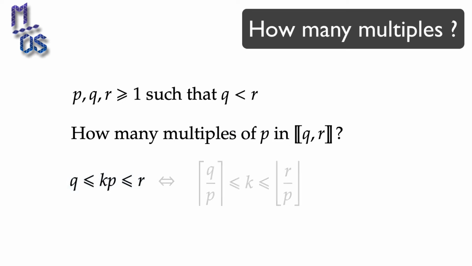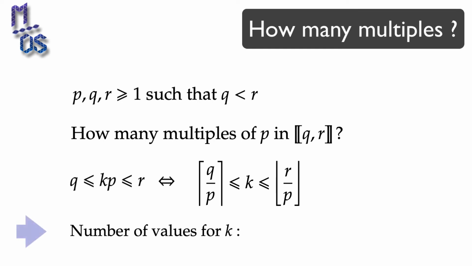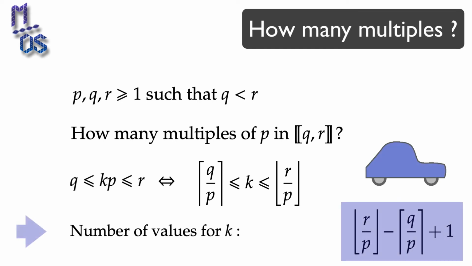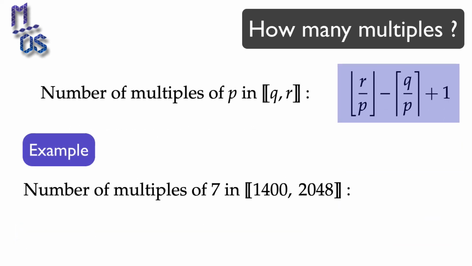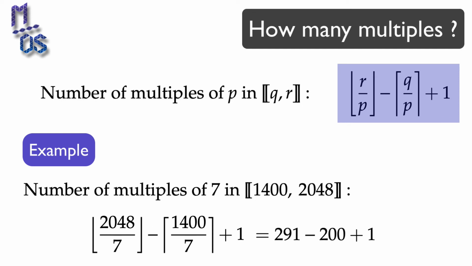That condition is equivalent to this one, and therefore the number of convenient values of k is given by floor of r over p minus ceil of q over p plus 1. For example, the number of multiples of 7 comprised between 1400 and 2048 is 92.